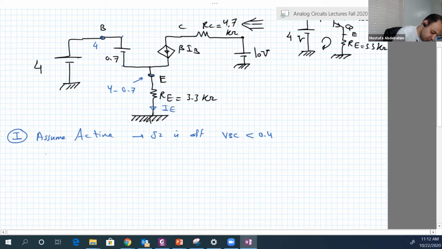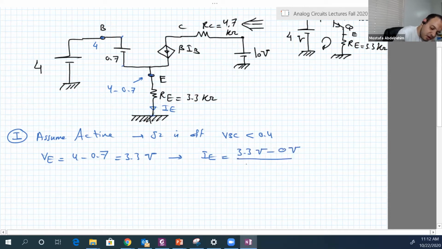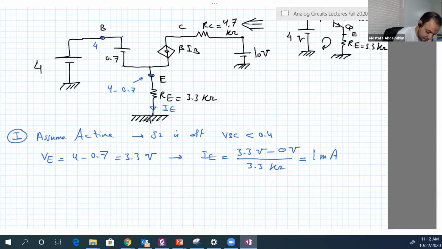So VE is equal to 4 minus 0.7, 3.3 volts. So IE is equal to 3.3 volts minus 0 volts, the ground, over 3.3 kilo ohms. So this will be 1 milliampere. Very simple. This is IE.